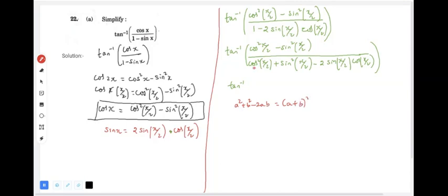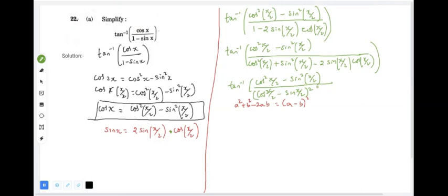So we are writing a as cos x by 2 and b as sin x by 2. So we can write this as cos square x by 2 minus sin square x by 2 divided by cos x by 2 minus sin x by 2 whole square.